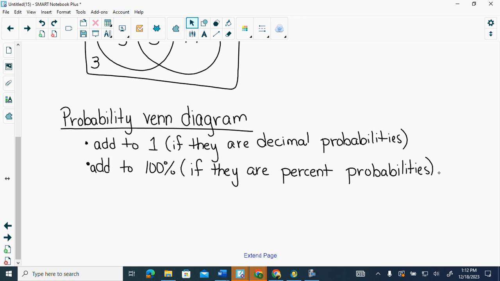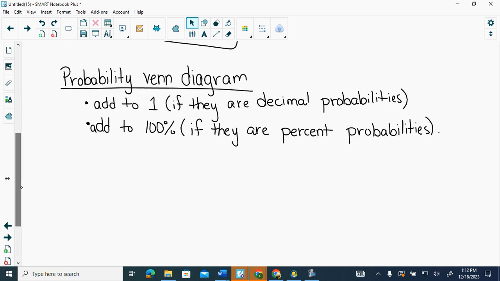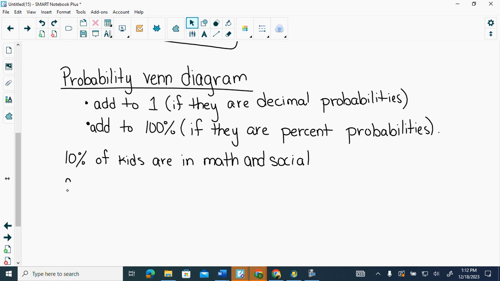Okay? We agree? So if I use that same style of question, but I now give it in probabilities. So I say 10% of kids are in math and social. 20% are in neither math or social.